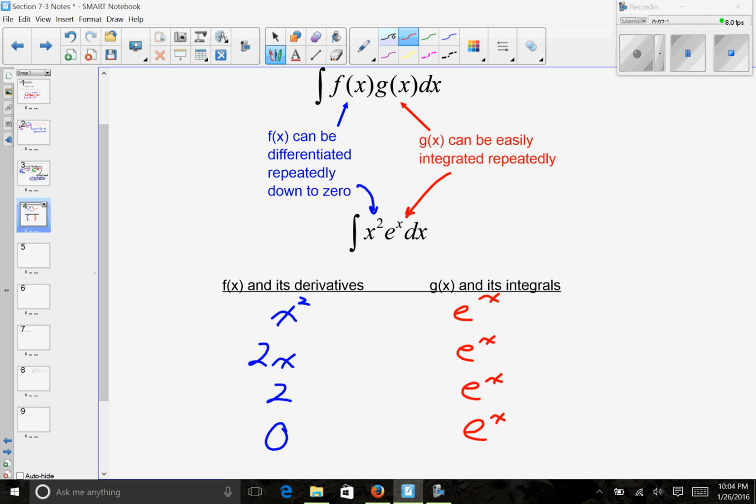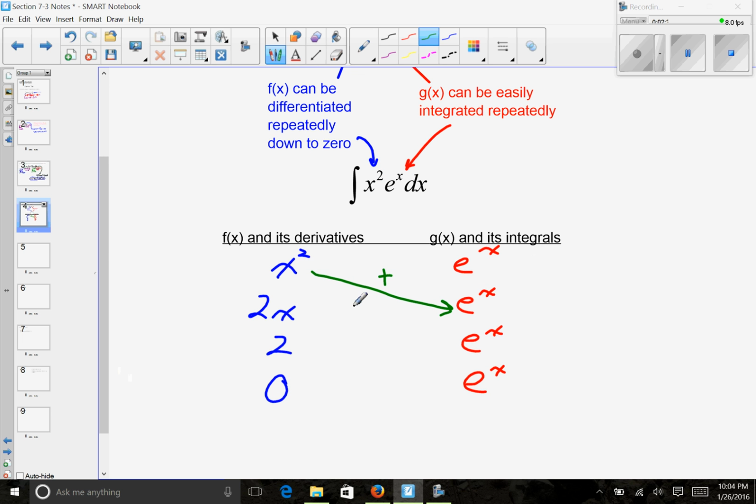Okay. And now I'm going to start drawing diagonals. I start with the first f of x and draw it down to the second g of x. What this arrow is saying is I'm going to multiply these two things, and I start with a positive. So my first term is a positive x squared e to the x.